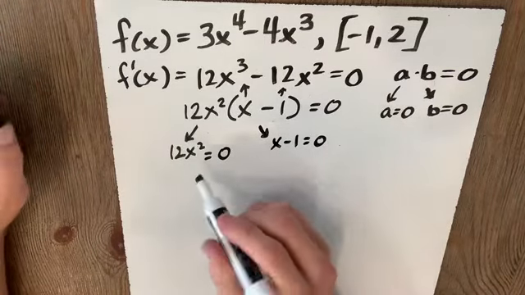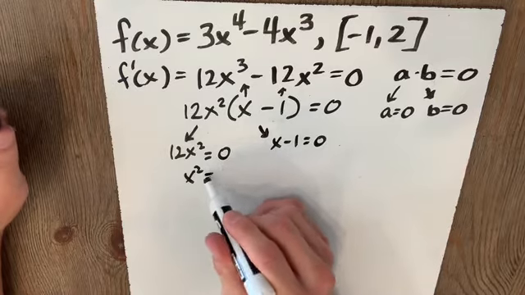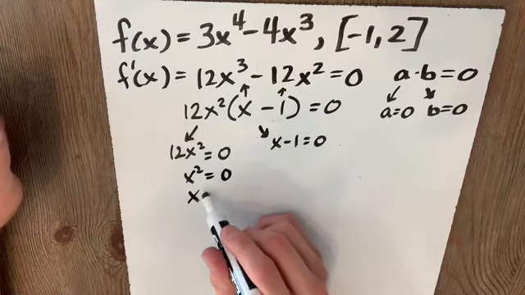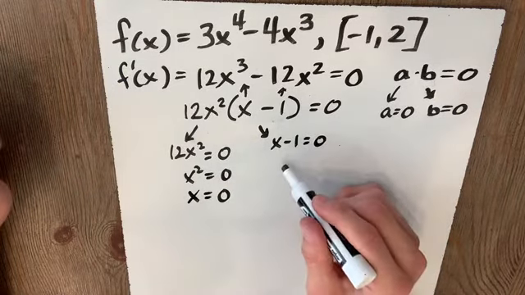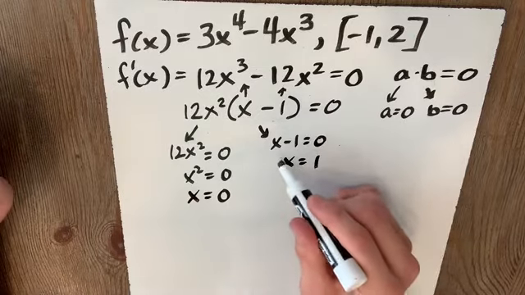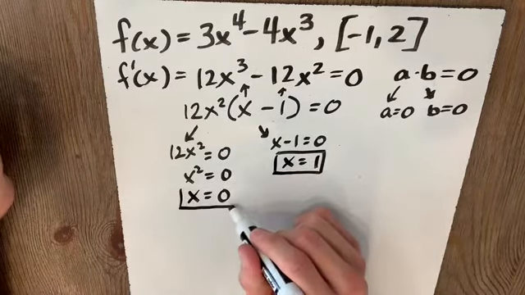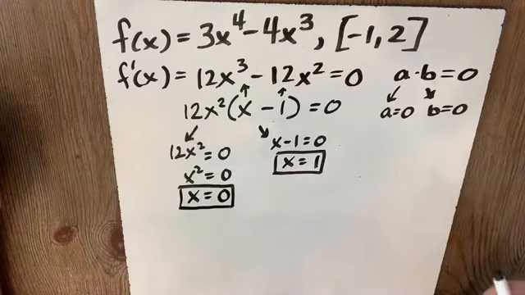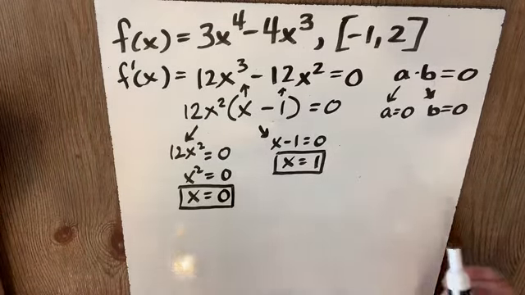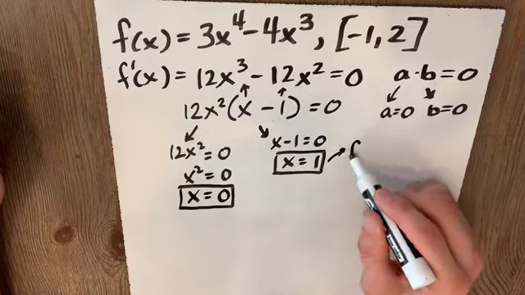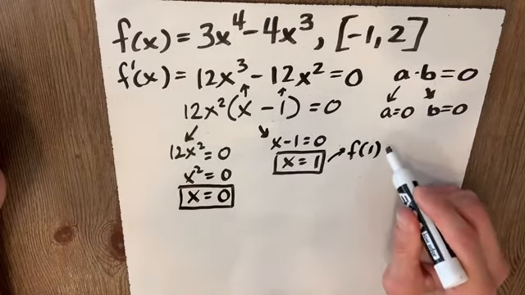Divide both sides by 12, I get x squared equals 0. Take the square root, and I get x is equal to 0. Add 1 to both sides, and I get x equals 1. So here are my critical values. Now, what I'm going to do is find the function value at 1.